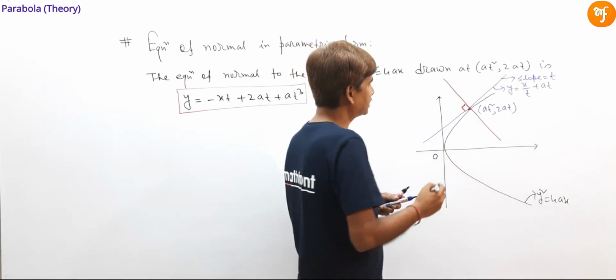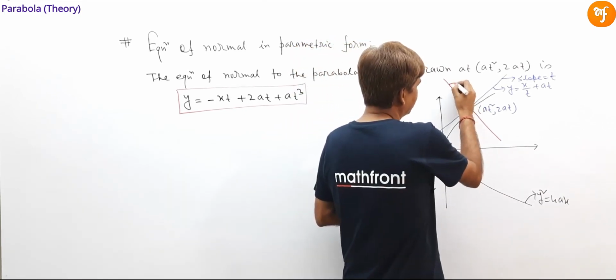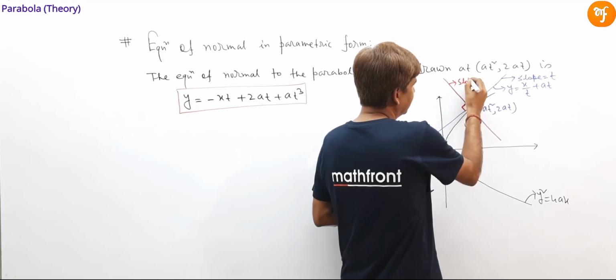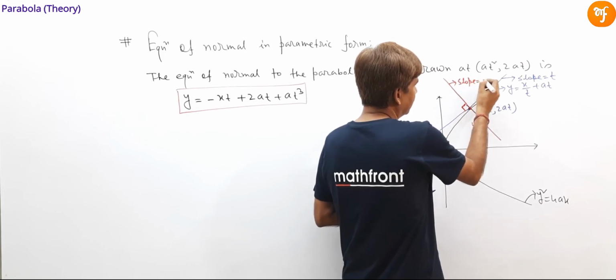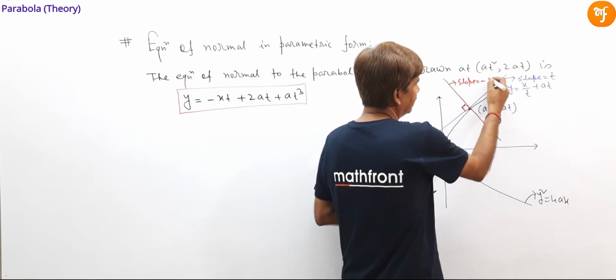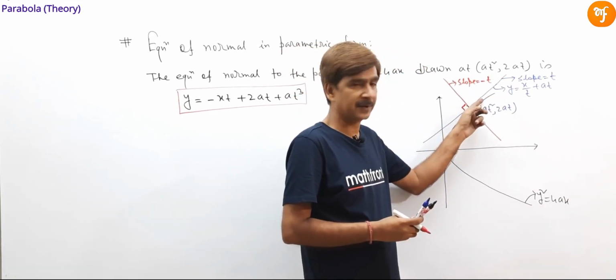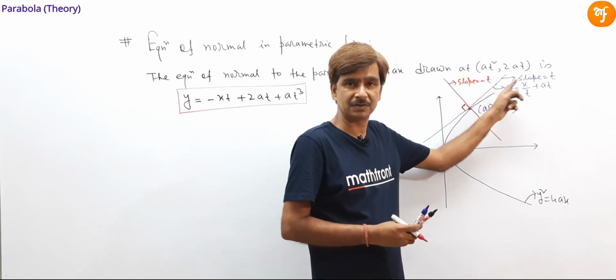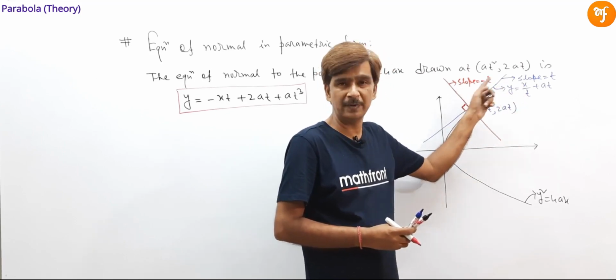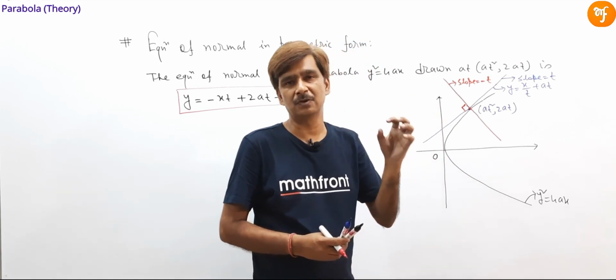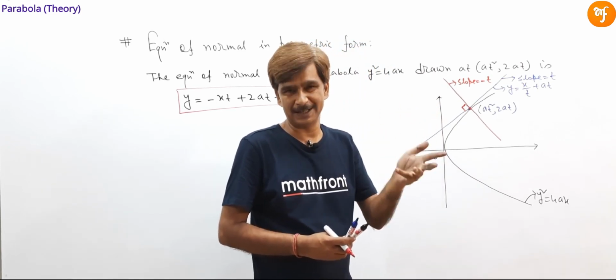Okay. So what is its slope? Its slope will be -t. Because as these are perpendicular and slope of tangent is 1/t, so slope of normal will be -t, because product of slope of tangent and normal will be -1.